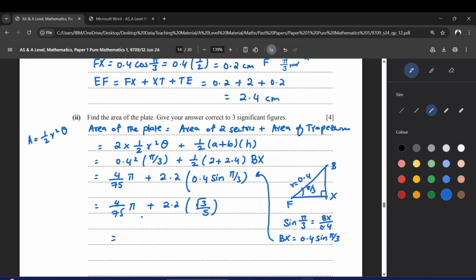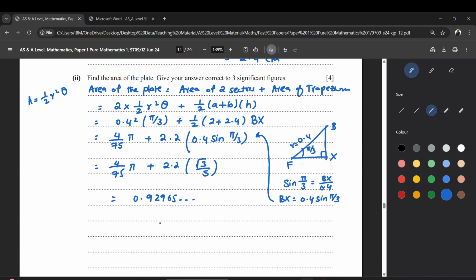So therefore the answer that I'm going to get will be 0.92965 and so on, and again because we have to give our answer in 3 significant figures, I'm going to write this as 0.930 centimeter squared.